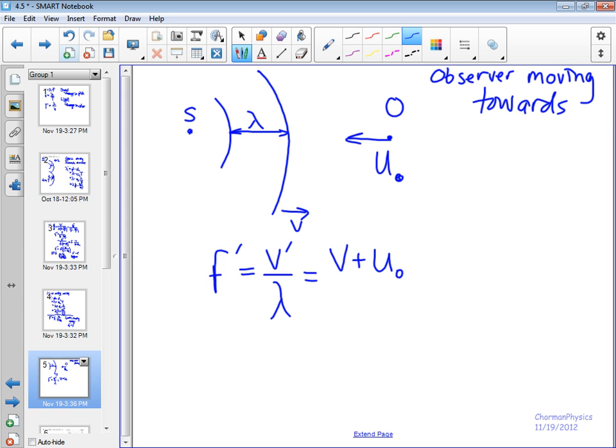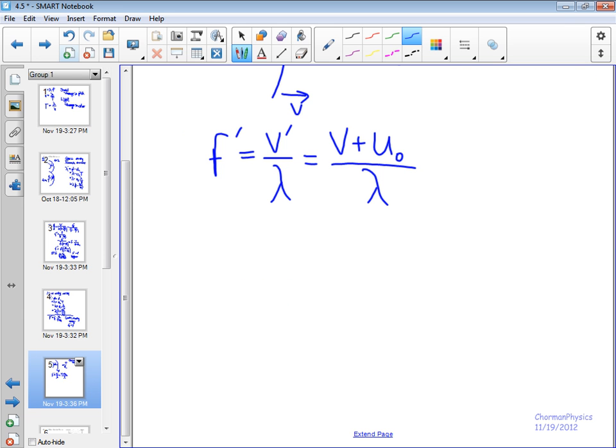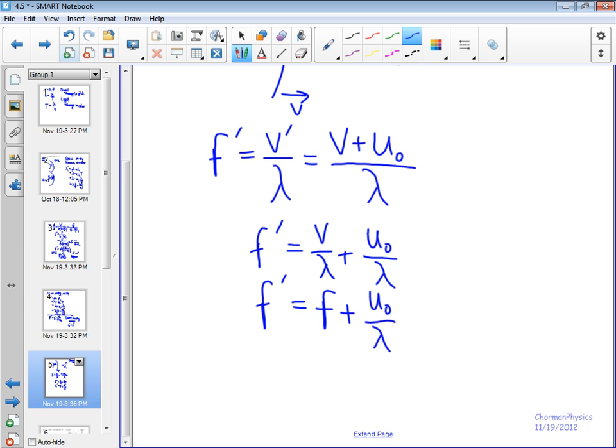We're going to be adding the speed of the observer, since both velocities will be moving relative to each other. And what we end up with is f prime is equal to v plus u sub o, all over lambda.